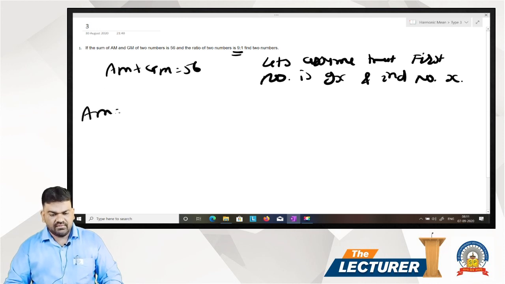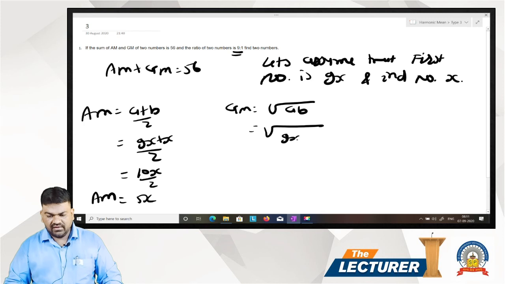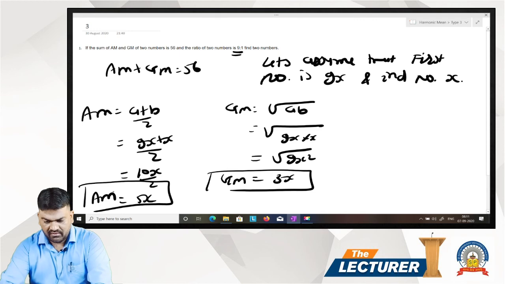What is AM? AM is equal to a plus b divided by 2. 9x plus x by 2, 10x by 2, 5x. This is AM. What is GM? Under root ab. Under root 9x multiplied by x, under root 9x square, root cut, 3x. GM is equal to 3x. AM is equal to 5x.